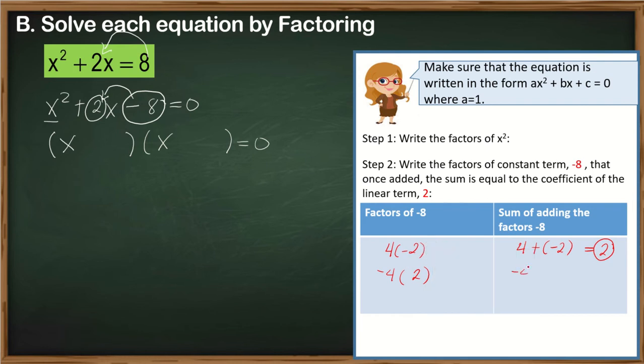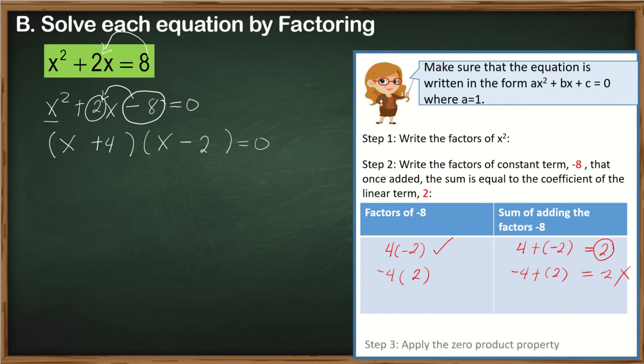Bakit? Negative 4 plus 2 is equal to negative 2. So, hindi ito. So, itong factors na ito ang gagamitin natin. So, we have positive 4, and then we have negative 2 again. Pwedeng maunang negative 2 bago ang positive 4.